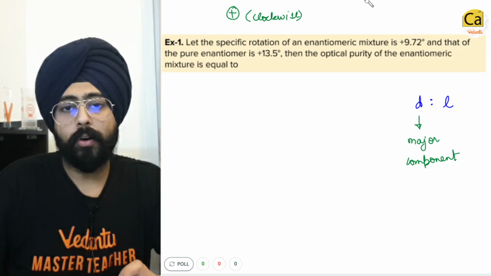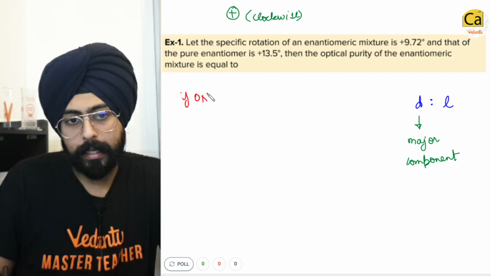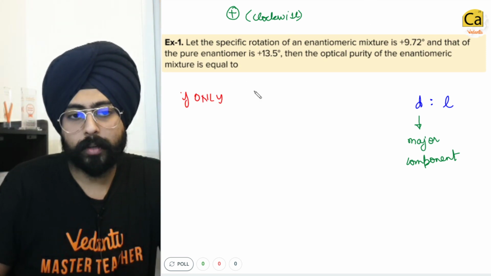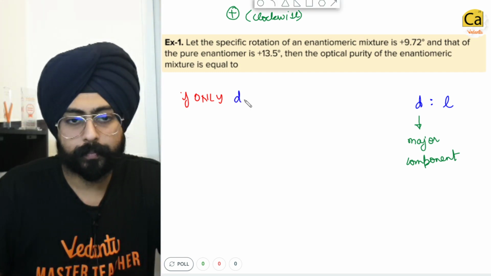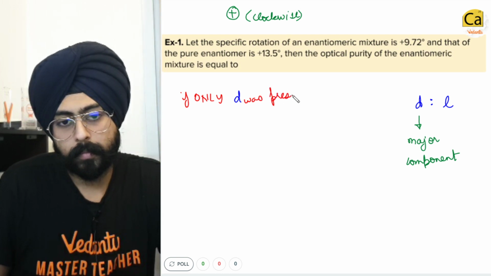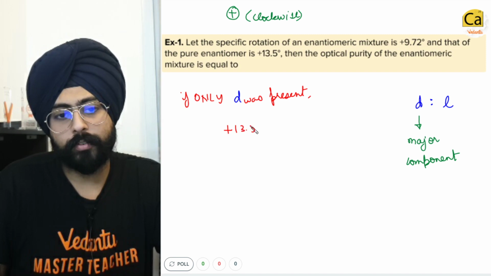Now the information given is, if only the D isomer was present, if only the dextrorotatory enantiomer was present, the light would rotate by plus 13.5 degrees.